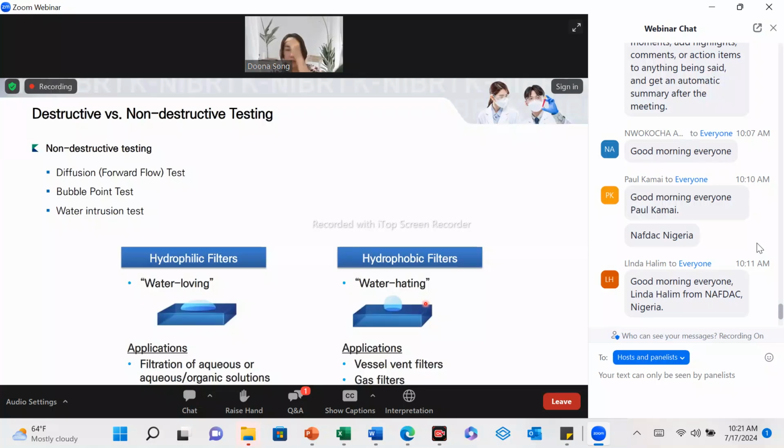Applications of hydrophobic filter are vessel vent filters and gas filters. Hydrophilic filters can be tested using diffusion test and bubble point test. On the other hand, a hydrophobic filter can be tested with all three methods, including water intrusion test.